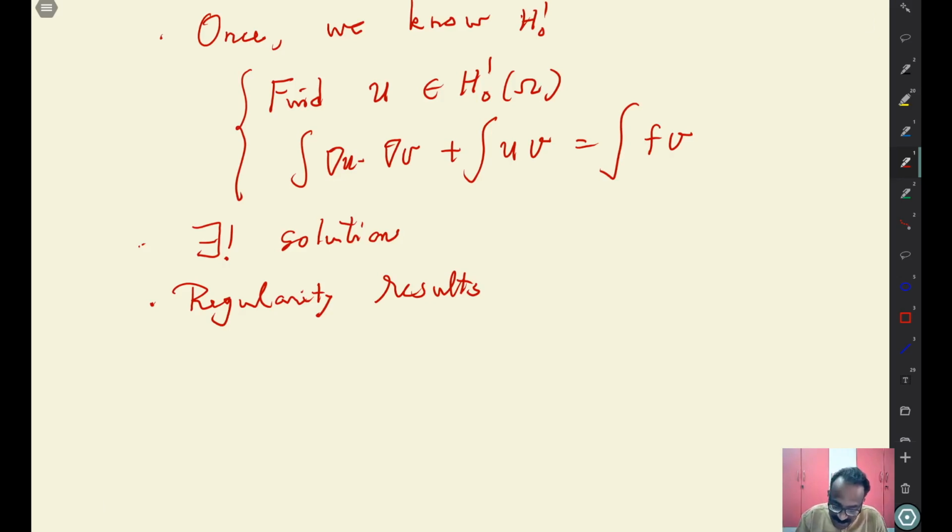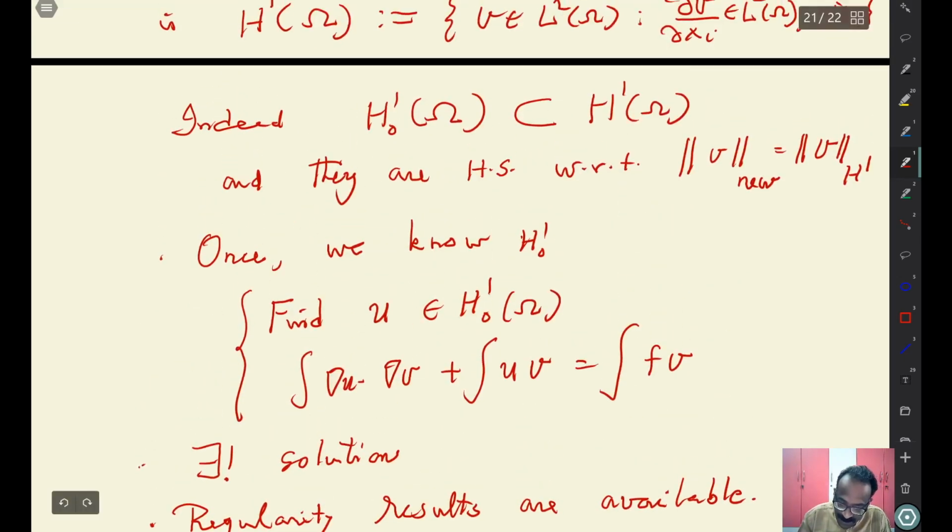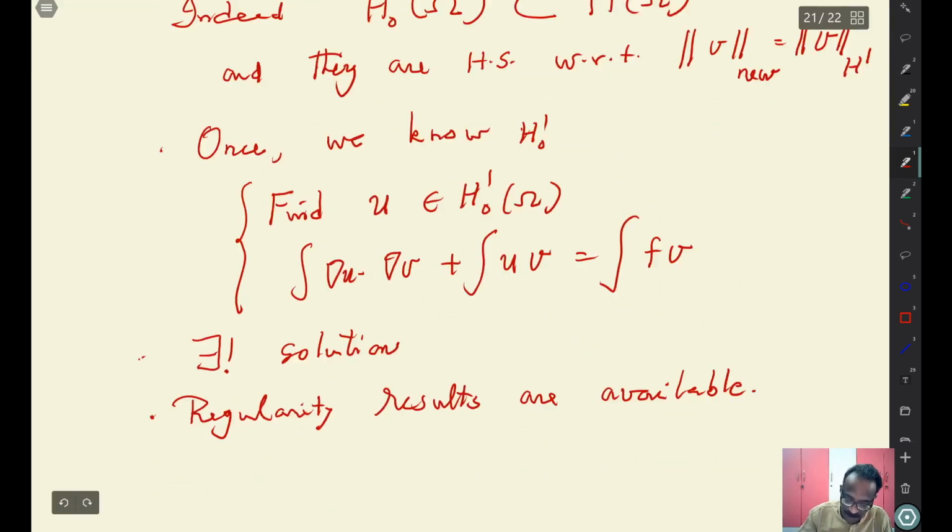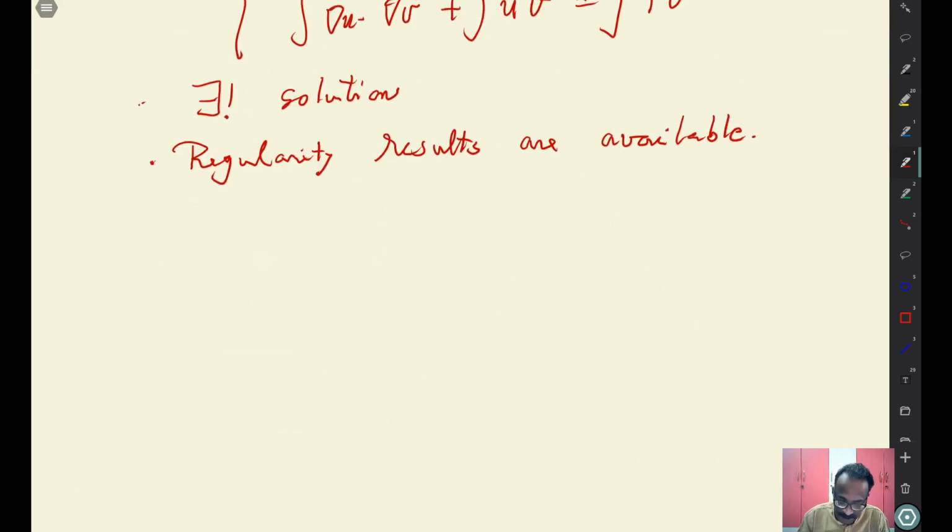You can do all these things. There exists a unique solution. And these are Hilbert spaces with respect to that. But then it looks like everything is easy.